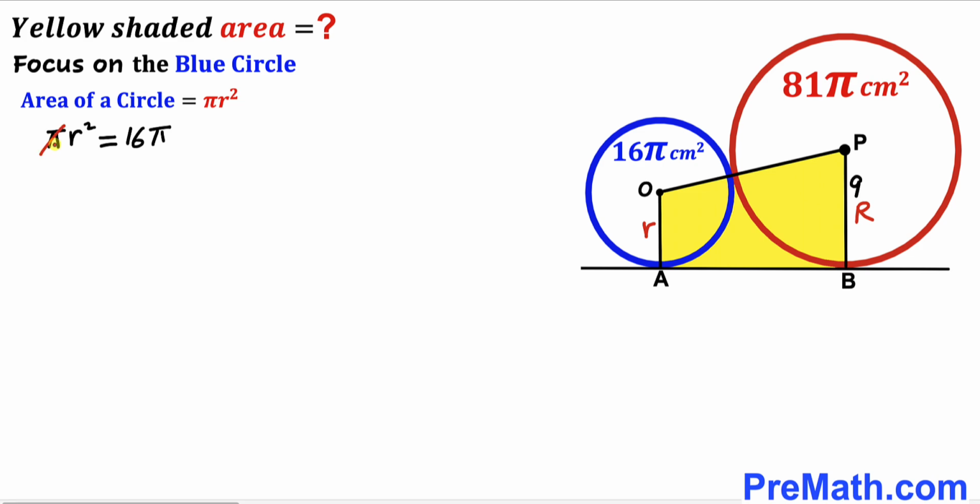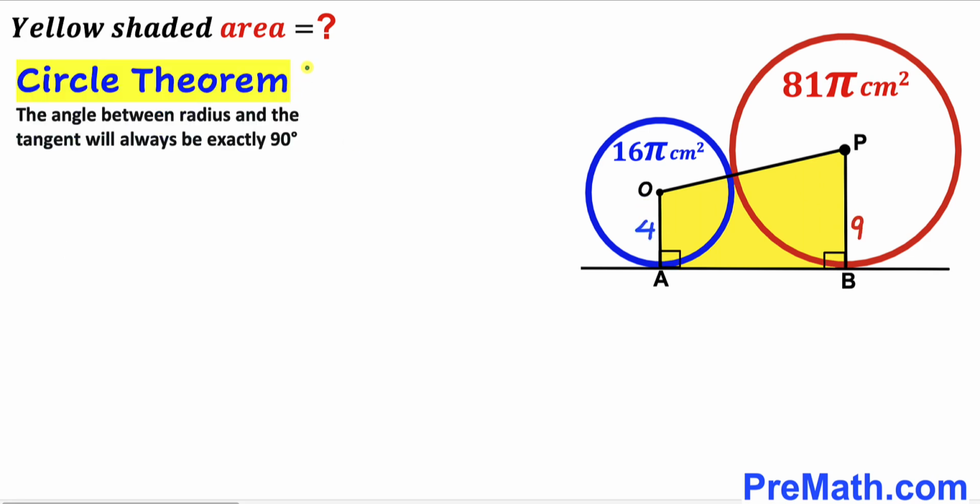Here we can see this π and π are gone. So we end up with r² equal to 16. I'm going to undo this square by taking the square root on both sides. No wonder our lowercase r value is going to become 4 centimeters. So our lowercase r value turns out to be 4.